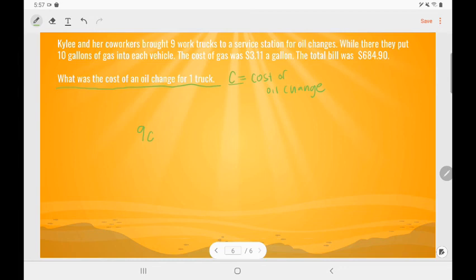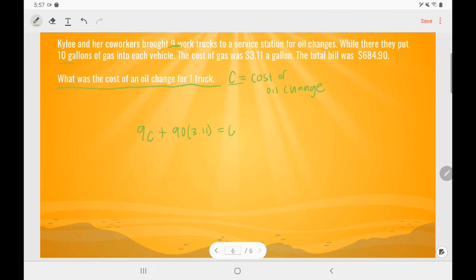And to the amount that I am paying, I have to also add for the gas that I put into my trucks. So they put 10 gallons of gas into each vehicle. Well, 10 gallons, 9 work trucks, that's 90 gallons of gas. And I need to times that by how much my gallon of gas was. So $3.11.